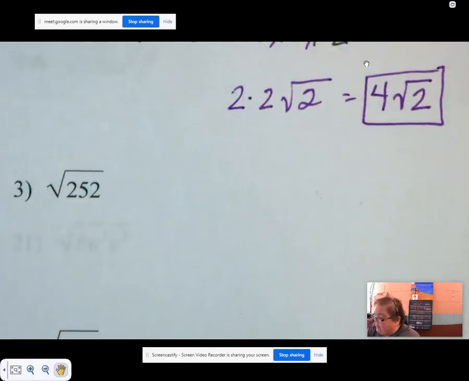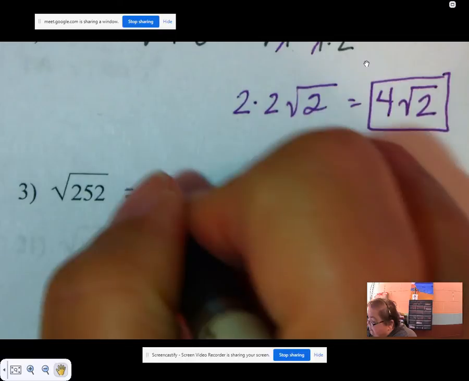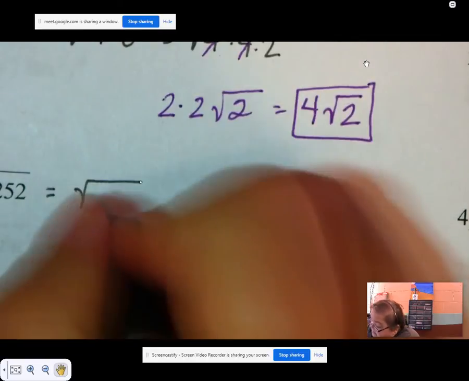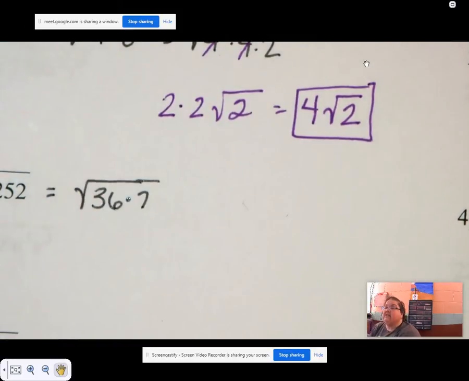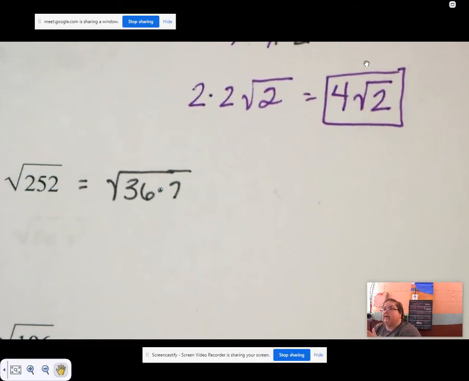So, here's what we've got. The root of 36 times 7. And that stays inside the radical. Now, I know it took us a few minutes to type that through, but all of it was pushing buttons, right? So much faster.